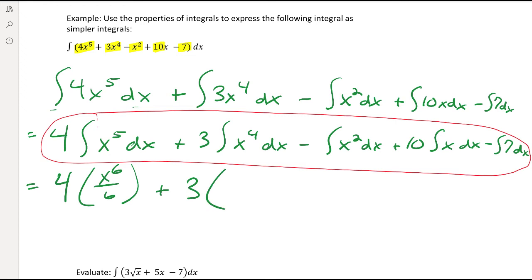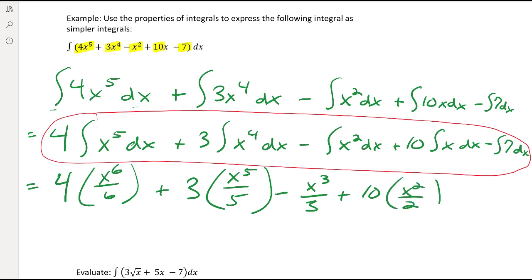Plus 3 times x to the 5th over 5, minus x to the 3rd over 3, plus 10 times x squared over 2, minus 7x.